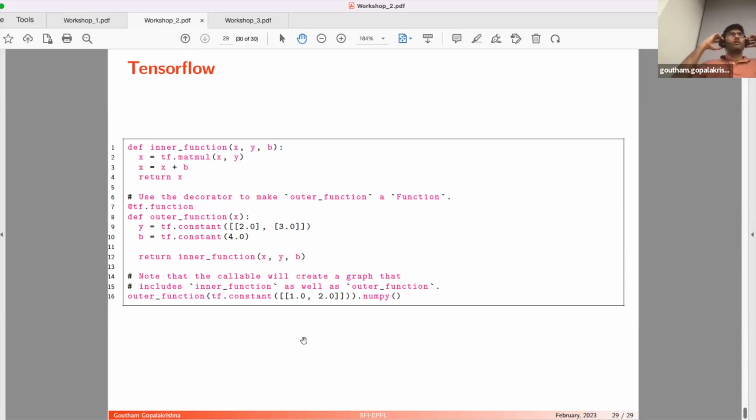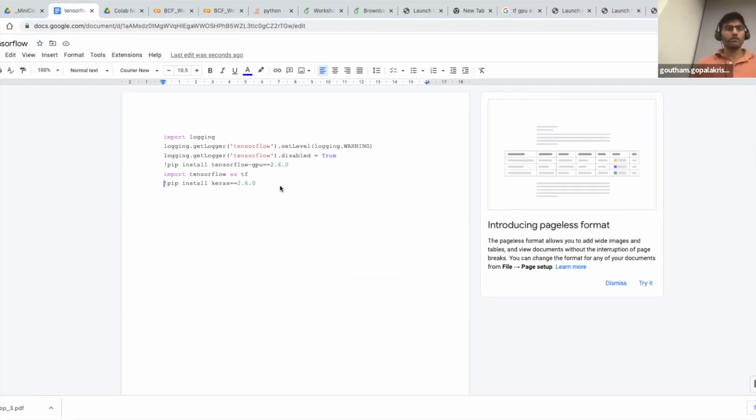But what I also want you to do is go to your Google Colab and install TensorFlow. It's just one line, so it doesn't get installed on your local machine. It just gets installed in your Colab, and then I want you to execute these to see how it's actually done. It's in the Dropbox folders. You can just import some loggers, and here's where you install TensorFlow. If you can't see it on the screen, perhaps you can also take a look at the file TensorFlow. So this just says pip install tensorflow-gpu 2.6.0. You want it to be GPU compatible, otherwise it is automatically not GPU compatible.